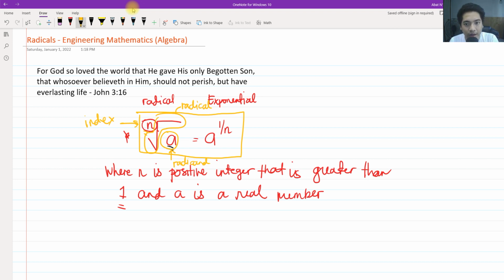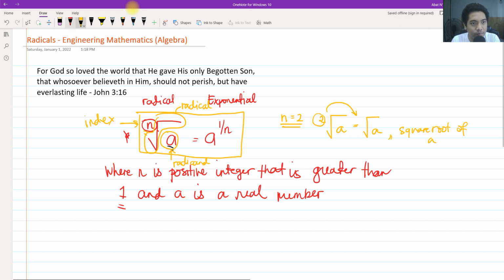There is an exception if n equals 2, or the index equals 2. We can simply rewrite this as the square root of a. Even if we don't write the number 2 here, it's considered that the index here is 2. So that's the square root.